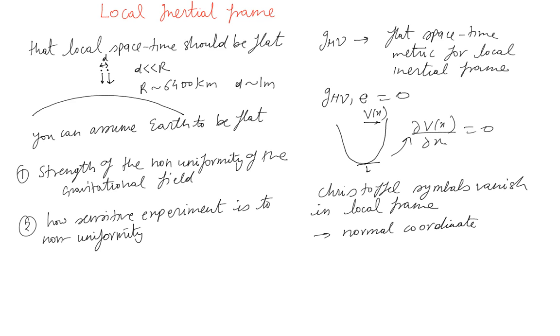Now you see the first derivative is 0, but the second derivative of the metric is not equal to 0, because that is what gives curvature.